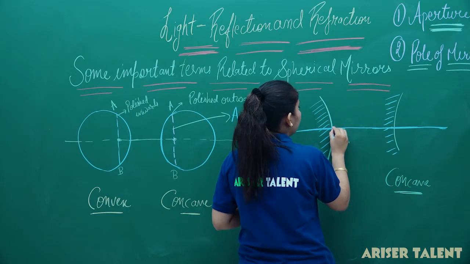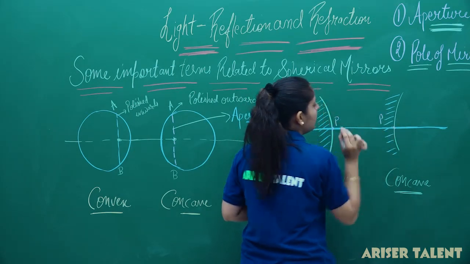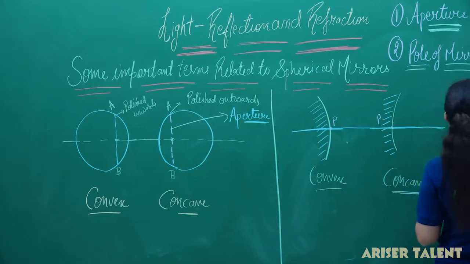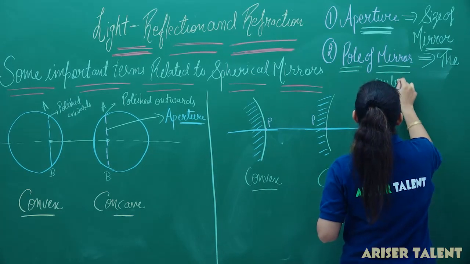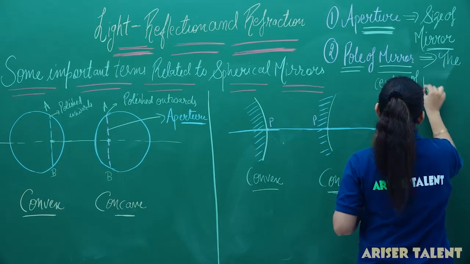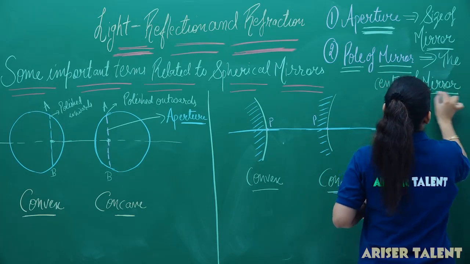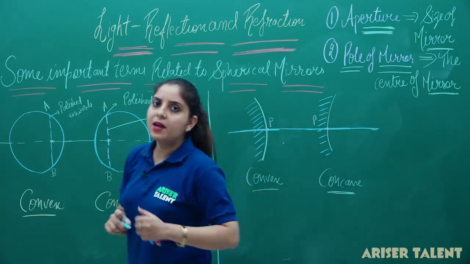The center of the mirror is known as the pole. This is the mirror, so this is our pole. So, what is the pole of the mirror? The center part of the mirror is known as the pole of the mirror.